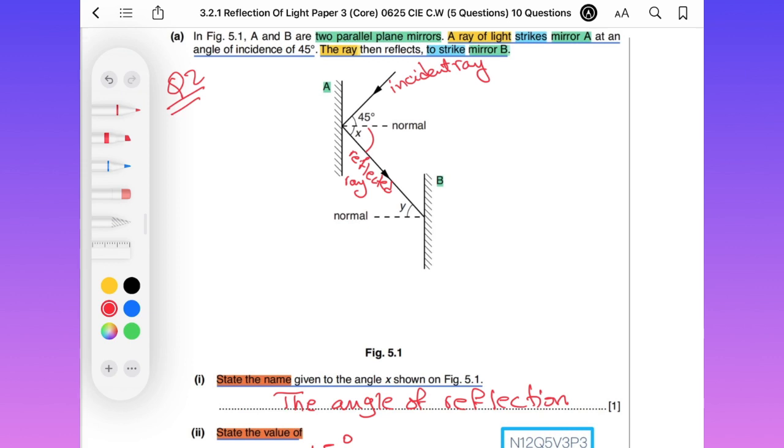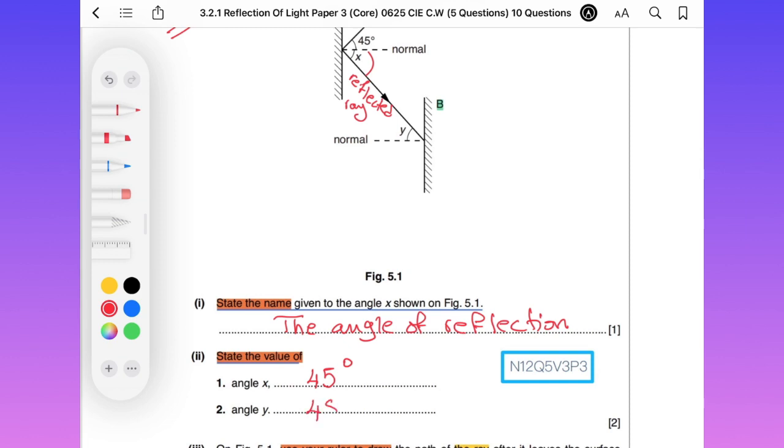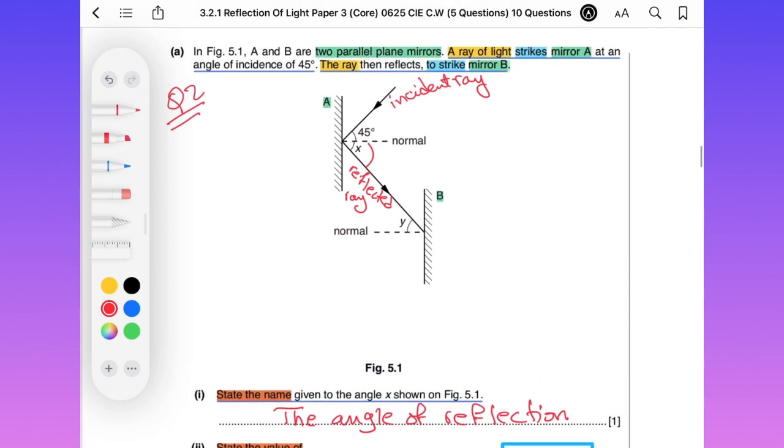What's the relation between x and y? They are alternate angles, so they are equal, so it will also be 45. So angle x and y, you see this z, these two angles are equal to each other.